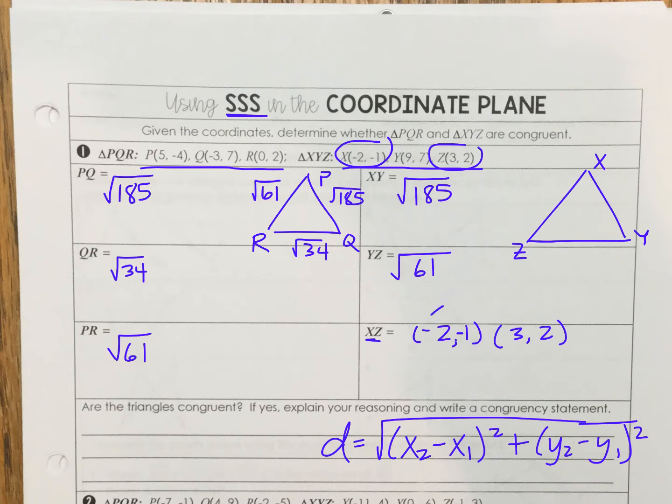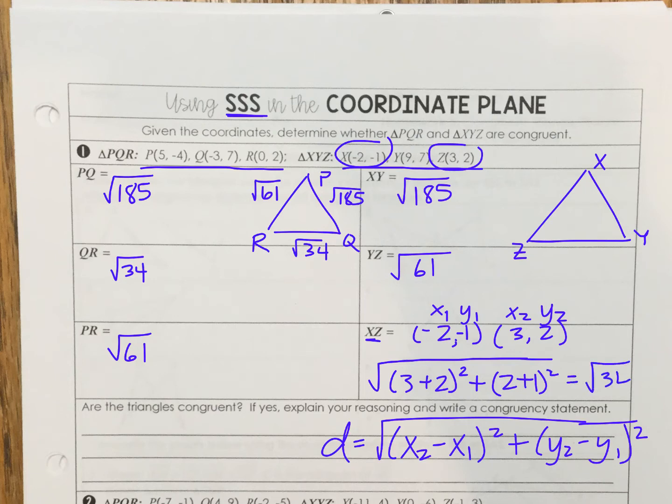So I'm going to label my points x1, y1, x2, y2, and I'm just going to plug these in. So the square root of 3 minus -2, which makes it +2 squared, plus 2 minus -1 makes +1 squared. And then if I type that into my calculator, I end up with the square root of 34.